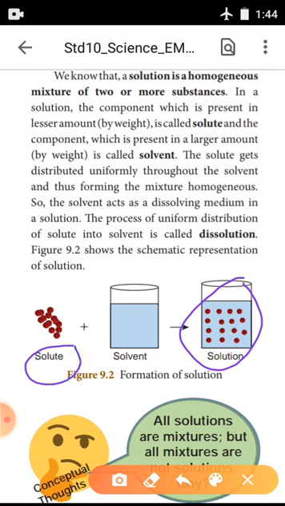One is solute, another one is solvent. So solute and solvent, these are the components of a solution. This is one of the 2-mark questions. Are you clear? What are the components of a solution? Yes, the answer is one is solute, another one is solvent.